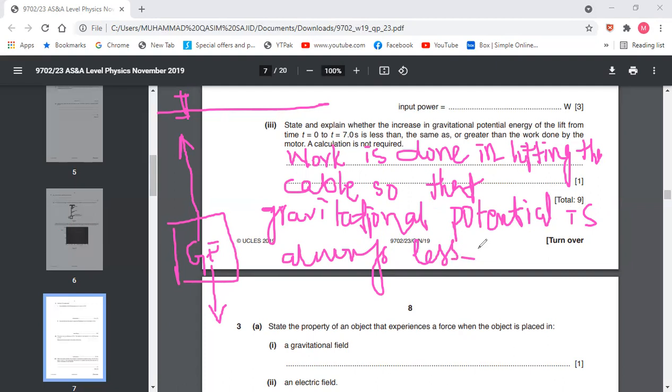Is this clear? Okay. Have you written it down? Yes, sir.